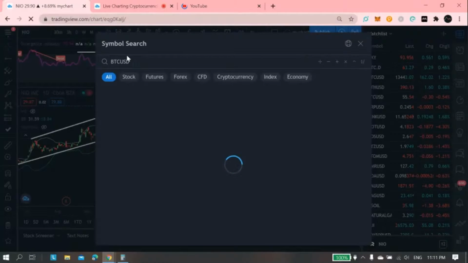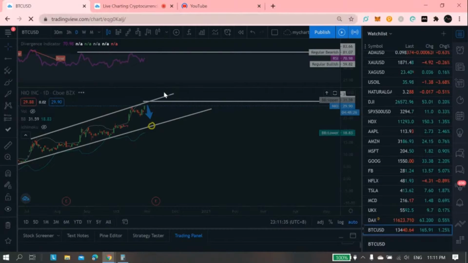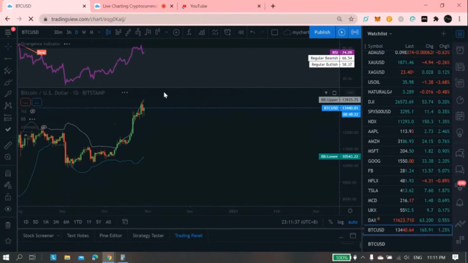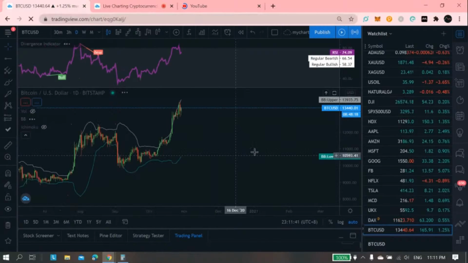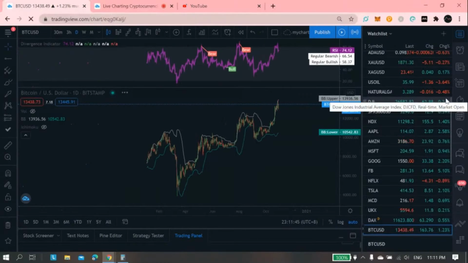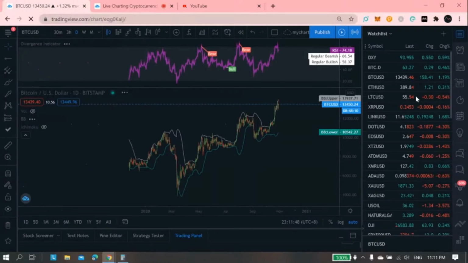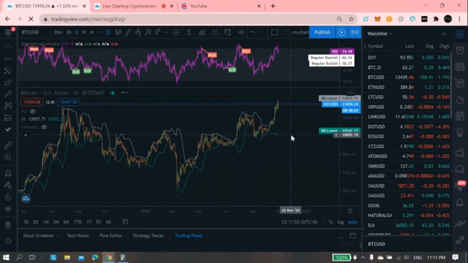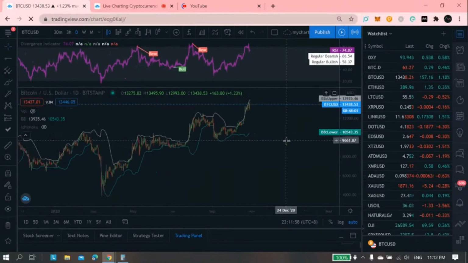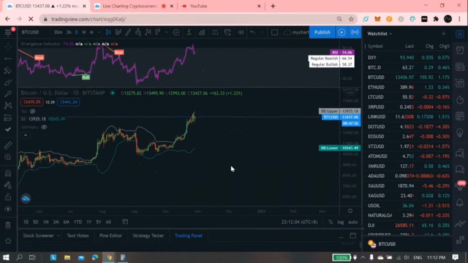So expect volatility tomorrow for those who are trading Bitcoin. Maybe I'll just take profit later. Because I entered at a low amount, 13,077 with a cut loss around 13,100. So whatever happens, I still have the gain, a small gain, at least not a loss.